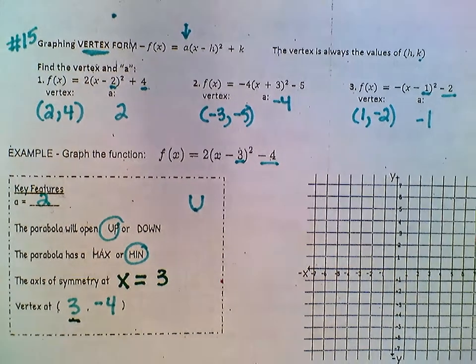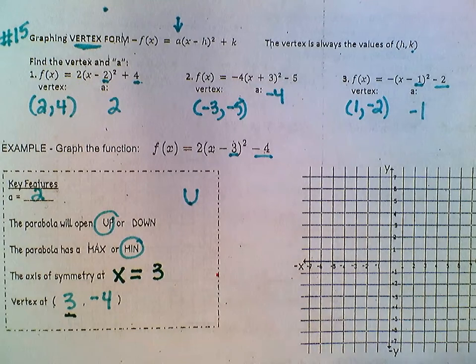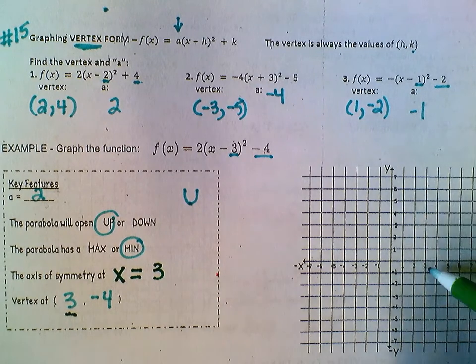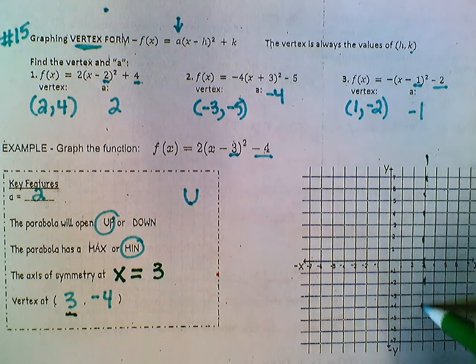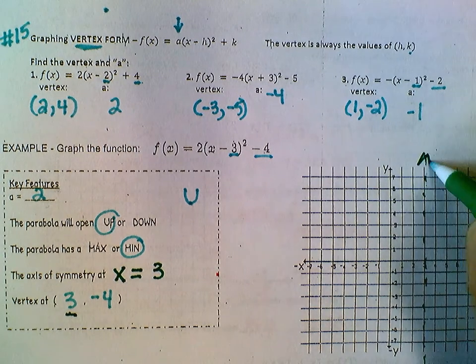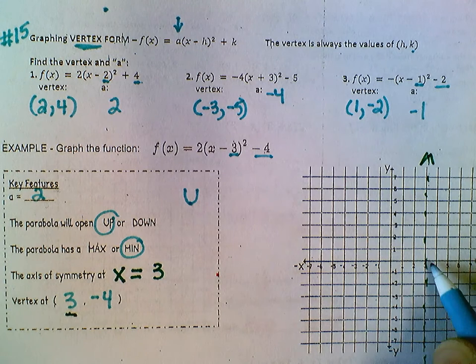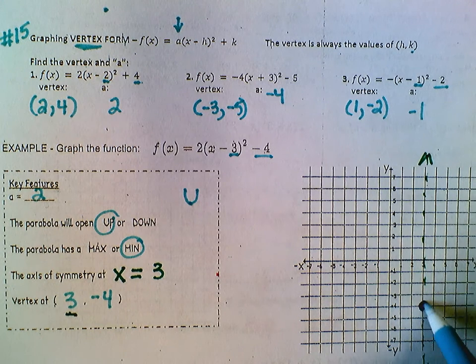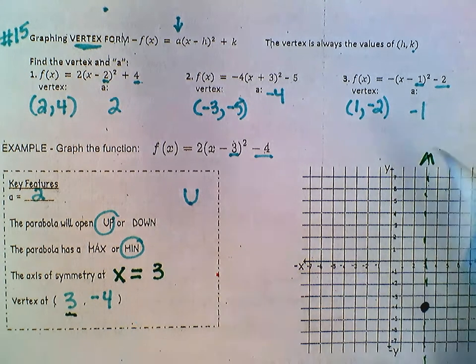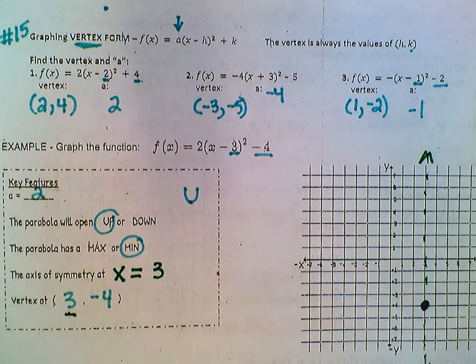Okay, so let me start graphing this. I have my axis of symmetry at x equals 3. I have my vertex at 3, -4. I know that my parabola is going to open up, so I expect it to go that way.